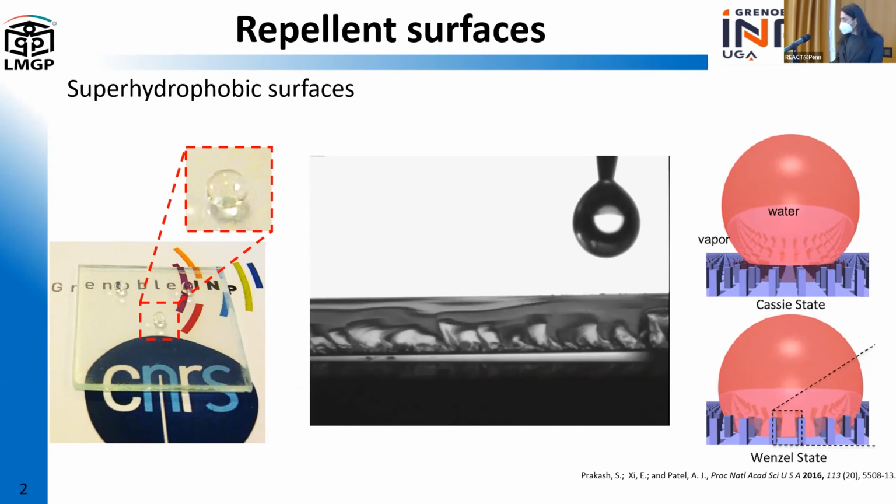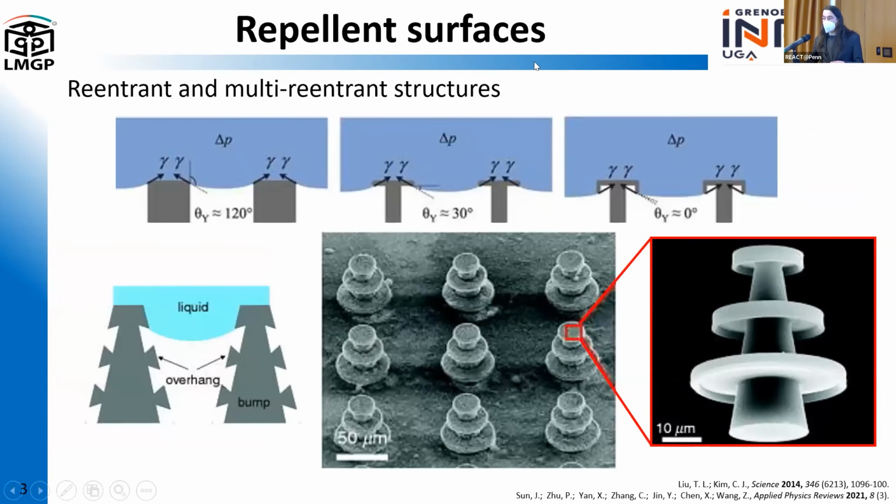So a way to prevent that is by making more complex surfaces, like structures with the so-called re-entrant morphology, something looking like a mushroom, or a more complex one like doubly re-entrant, or you can stack them to get multiple re-entrant structures.